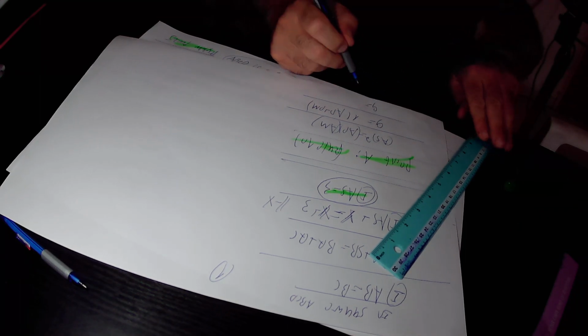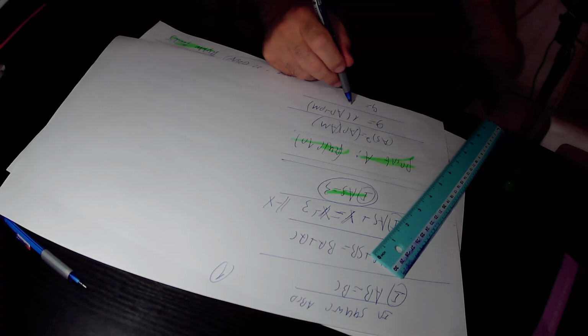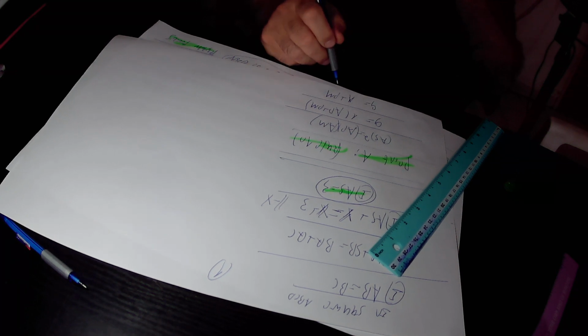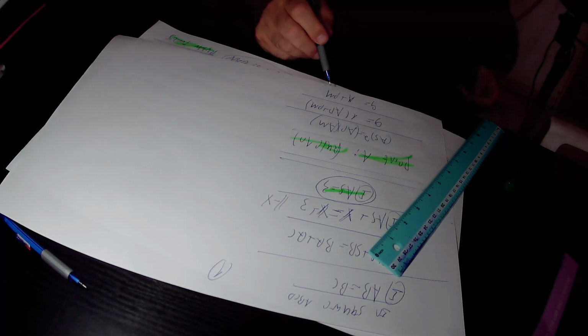So 9 equals AP plus PM. AP is 1, so it is 1 plus PM.